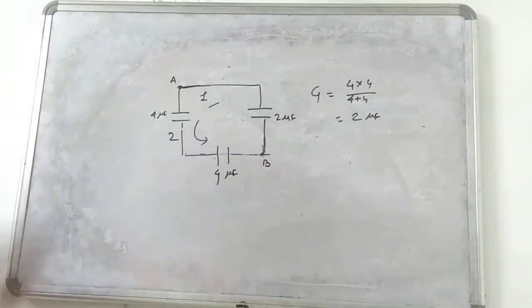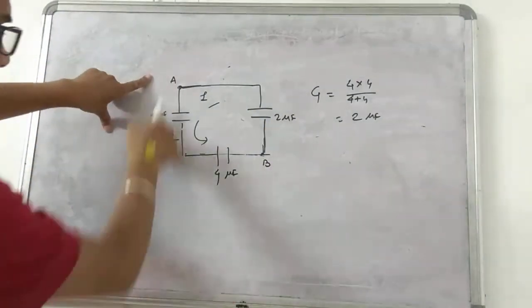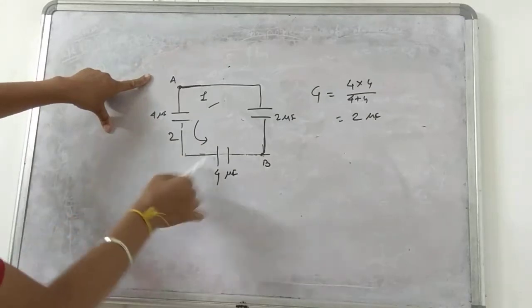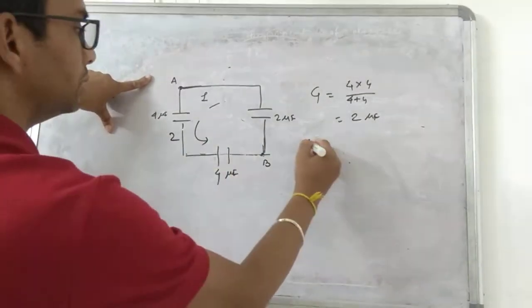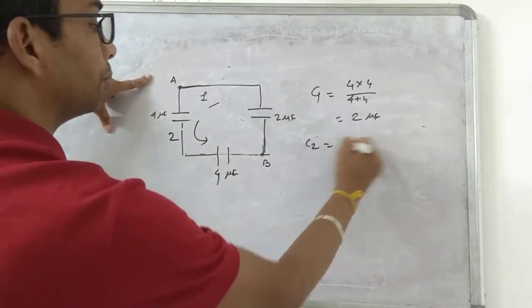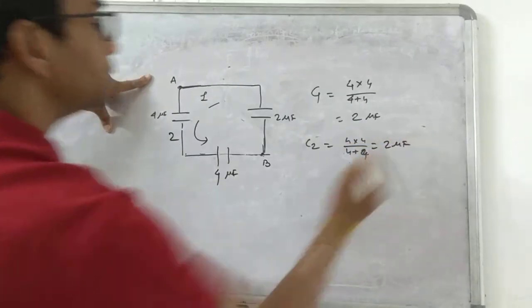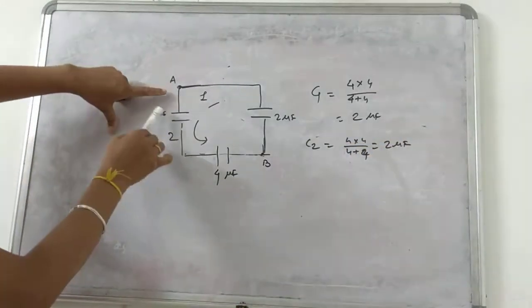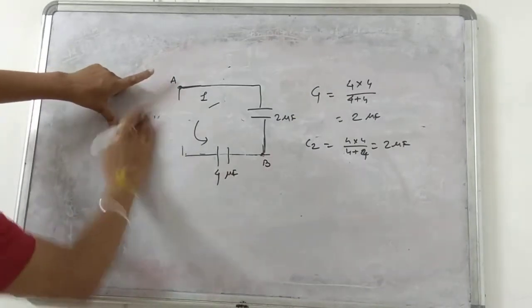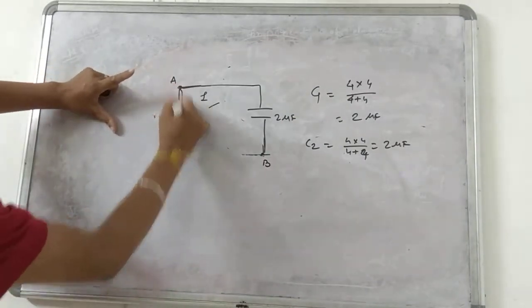In the second line also, there are 4 and 4 in series. So again C2 is 4 into 4 by 4 plus 4, that is equal to 2 microfarad.